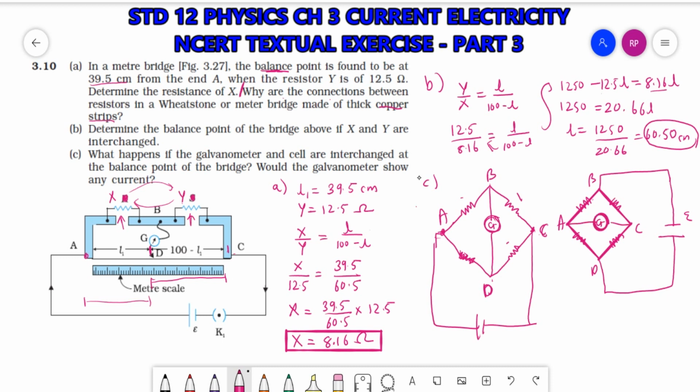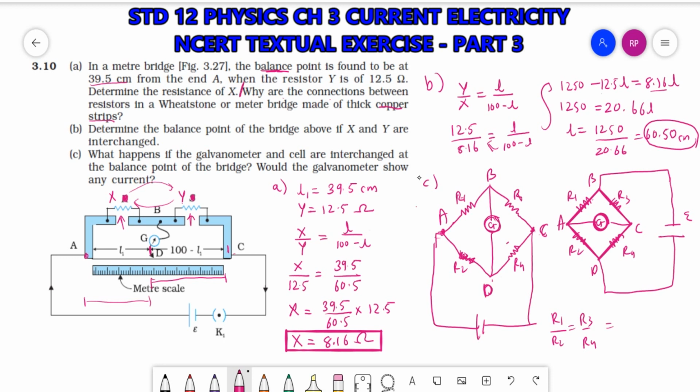But in both situations, if I take R1, R2, R3, R4, they will be the same R1, R2, R3, R4. In this case the galvanometer shows zero deflection because R1 by R2 is equal to R3 by R4.